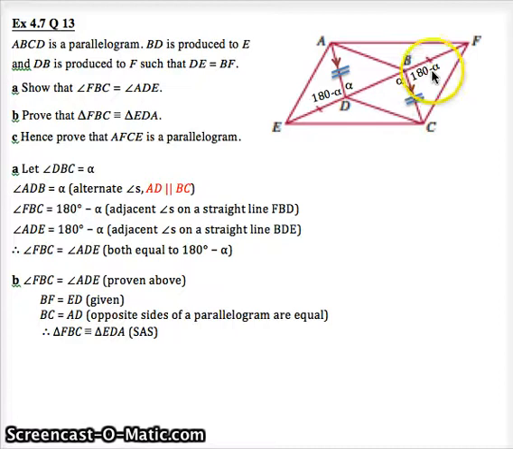We need to also show that AE and FC are parallel. Because we have two congruent triangles here, angle BFC is opposite the double dash side. And in this other triangle down here, angle AED is opposite the double dash side. So angle AED is equal to angle BFC because they're matching angles of congruent triangles.